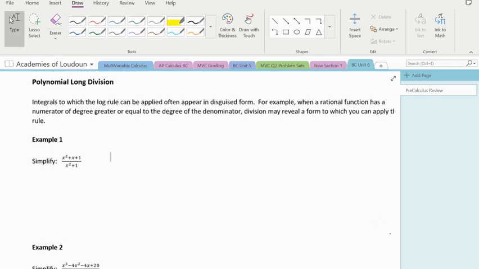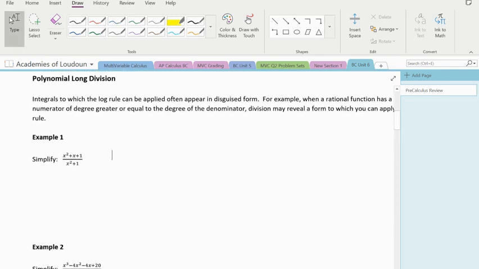So let's start with example 1. And we know that we can't use synthetic division because we are dividing by a quadratic. So we're going to divide x squared plus 1 into x squared plus x plus 1. So we know that x squared goes into x squared one time.